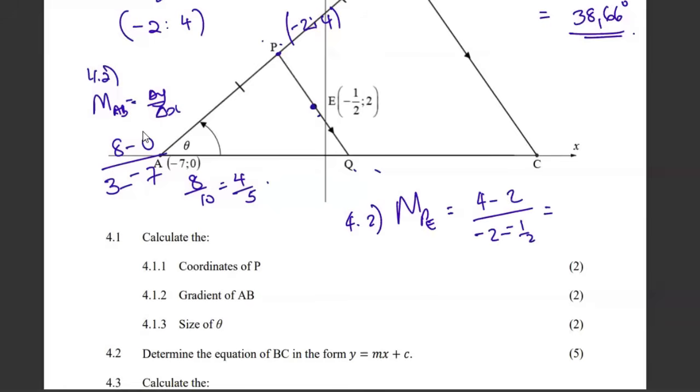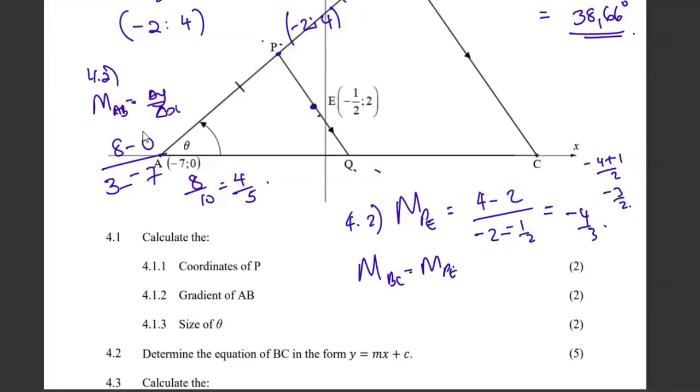Okay, so 4 minus 2 is going to give us 2 over, this is going to be a plus, meaning there's going to be -4 plus 1 over 2, which is -3 over 2. So -4 over 3.